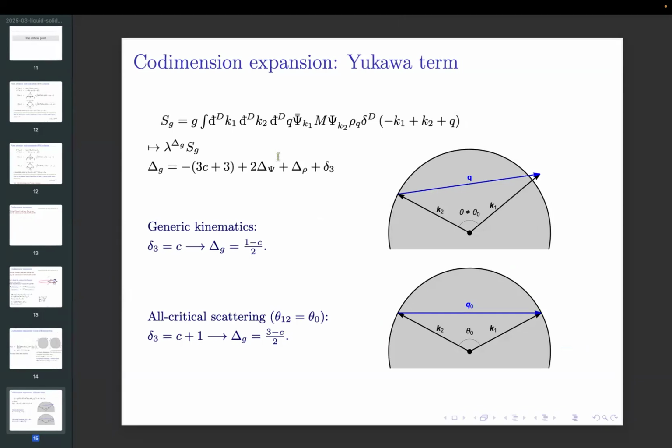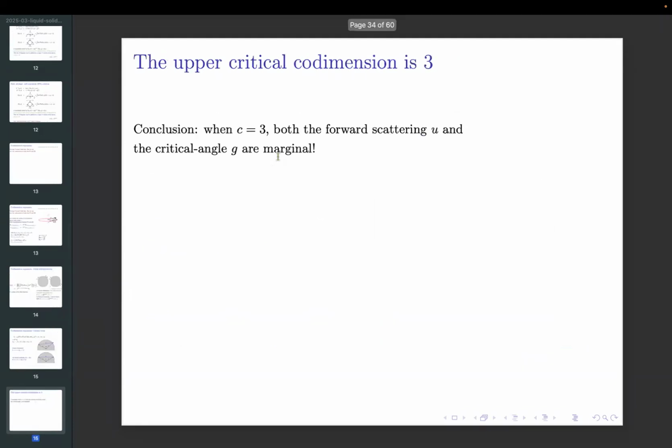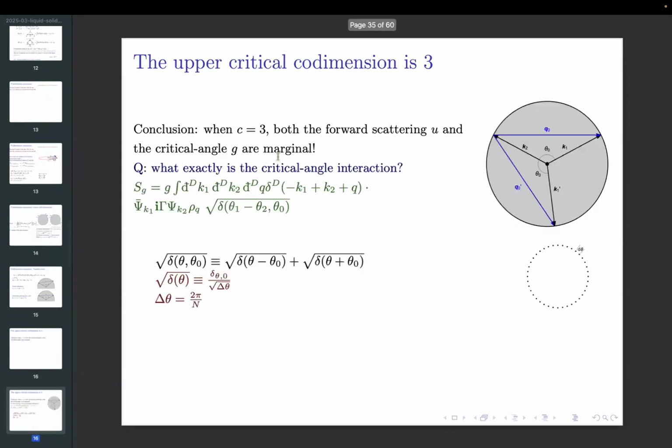It has this dimension, but if we ask about the scattering which keeps all the modes on the Fermi surface, its dimension is instead 3 minus c over 2. And so as you can see from this formula, if we set c equal to 3, both the Yukawa interaction and the rho to the fourth interaction are marginal. So that's the upper critical codimension.